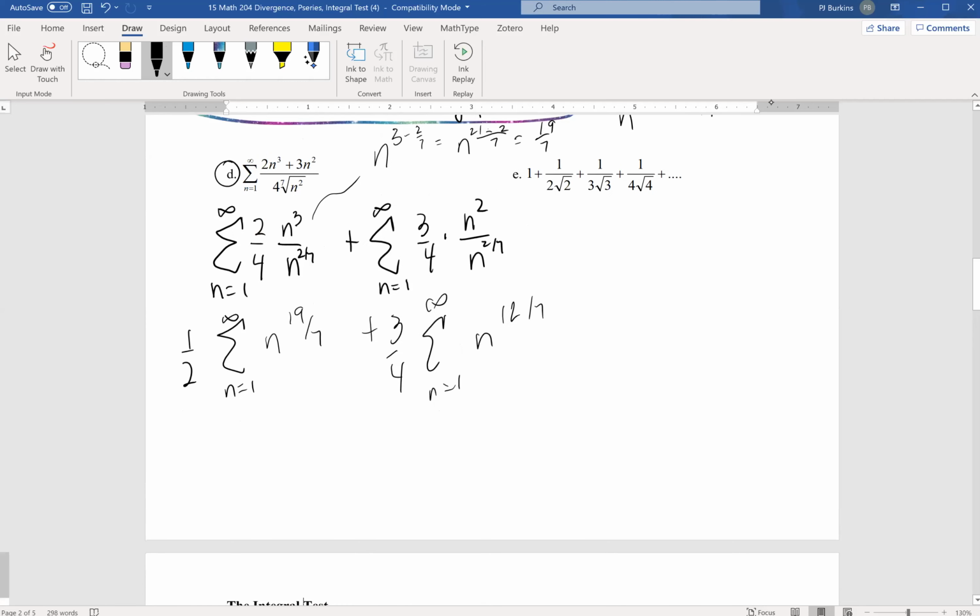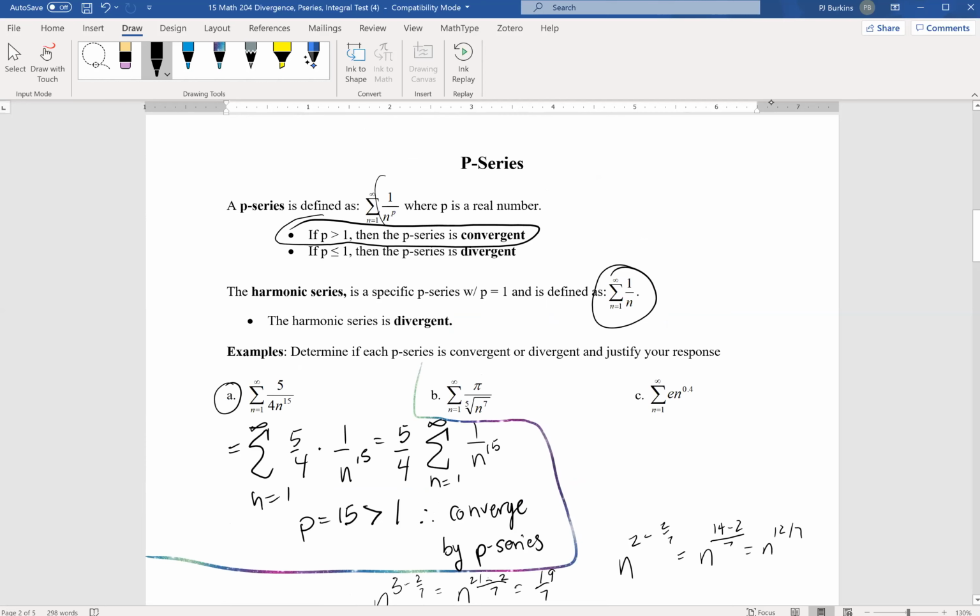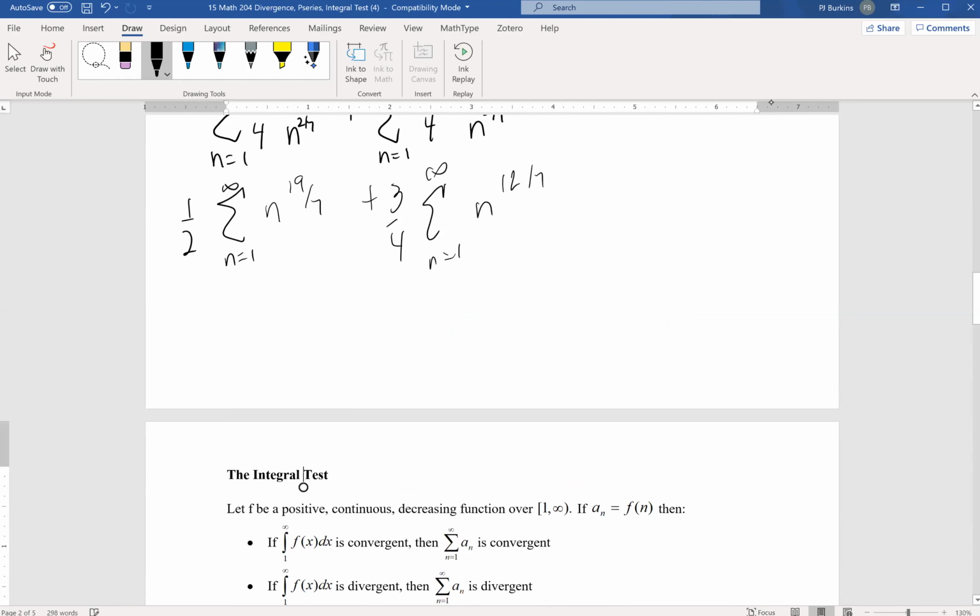But these are in the numerator, and my p series is always 1 over n. So I need to come down here and rewrite these as 1 over.